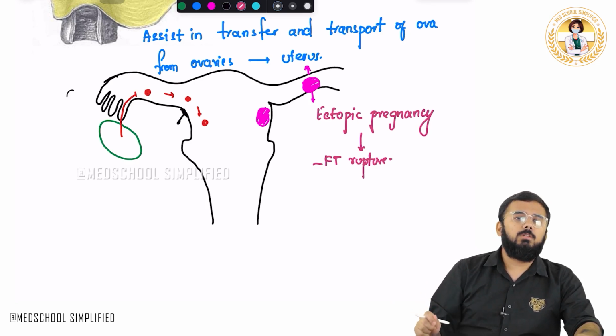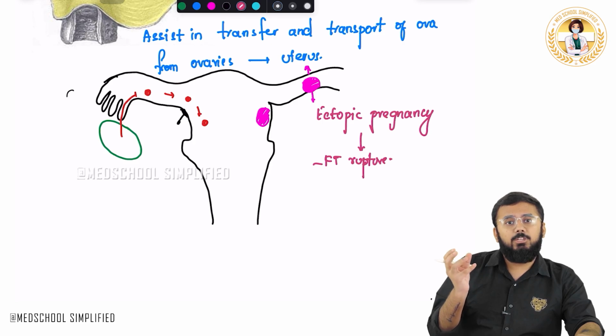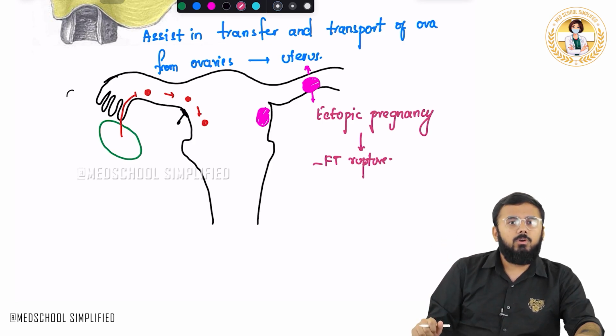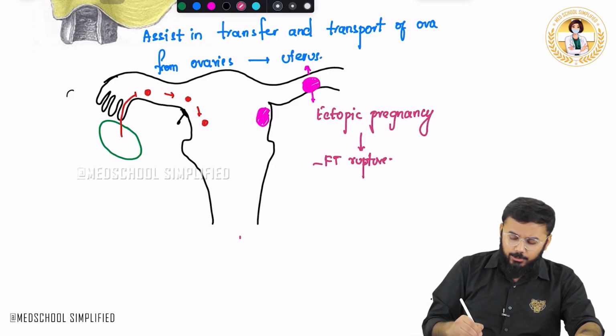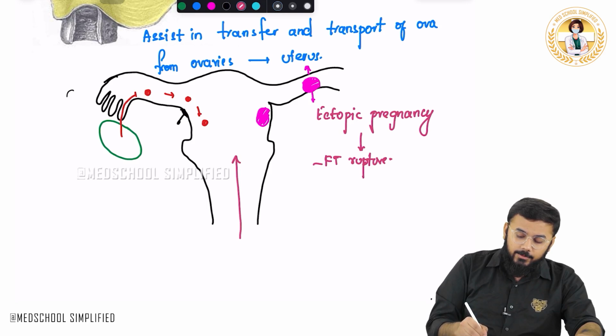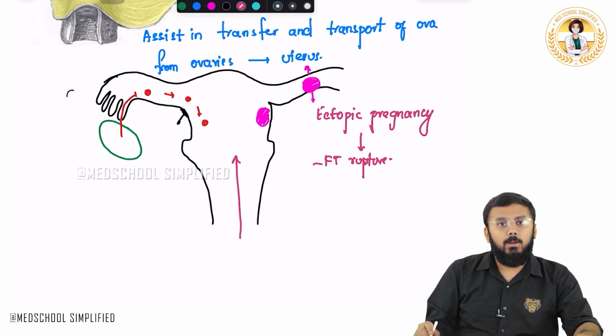Now I wanted to see where the implantation has occurred. For that, what will I do? I will do a vaginoscopy, right? So I'll put a tube inside the vagina and examine it. Now when I put the tube down into the uterus, in these patients I don't find any implantation.